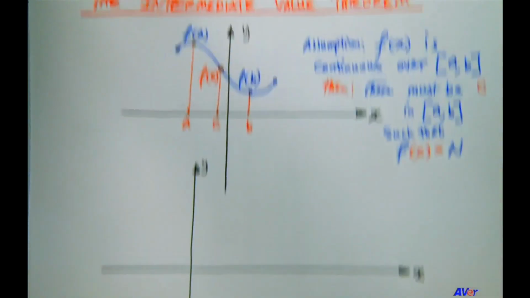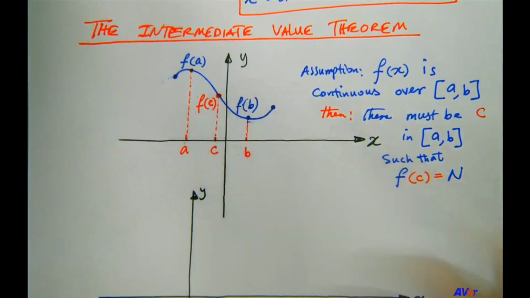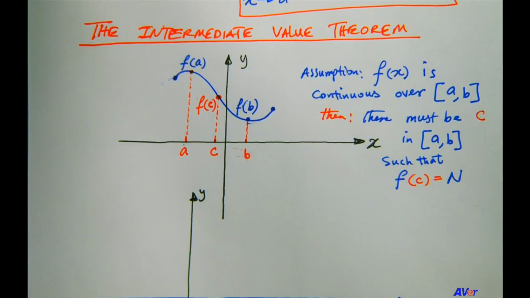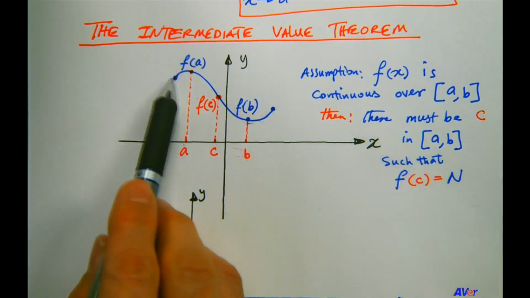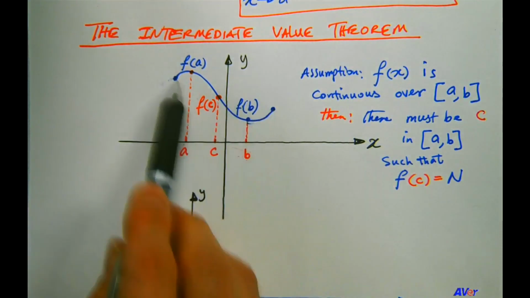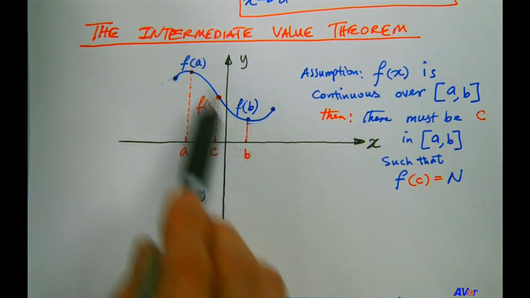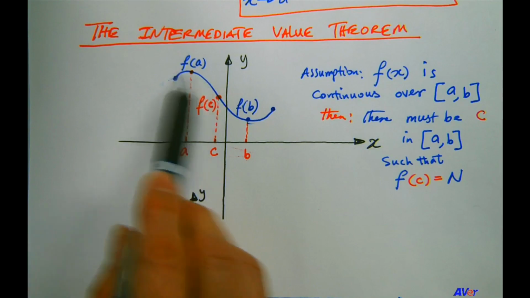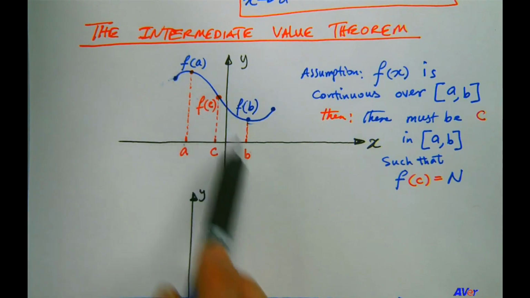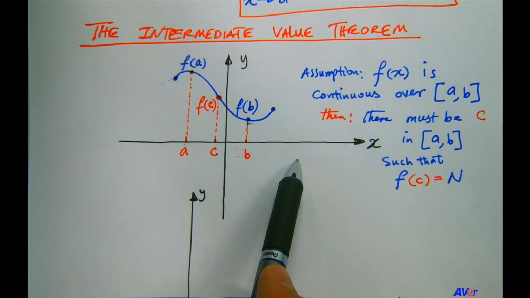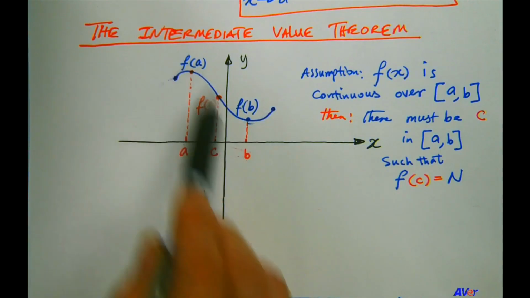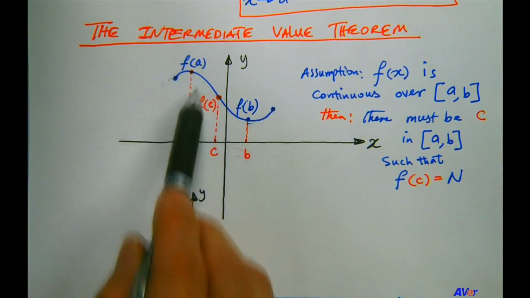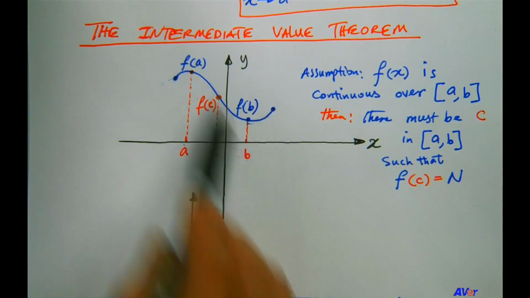So notice that in this graph that I drew, the value of the function from one end to the other end is always positive, right? This curve never dips below the x-axis. So at every point along this function, not only is it continuous, but it's always positive.